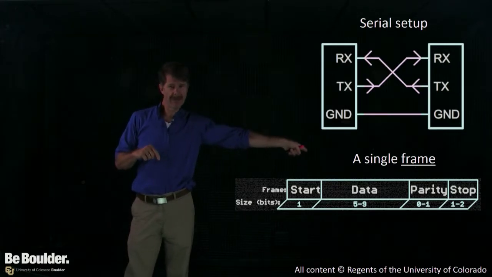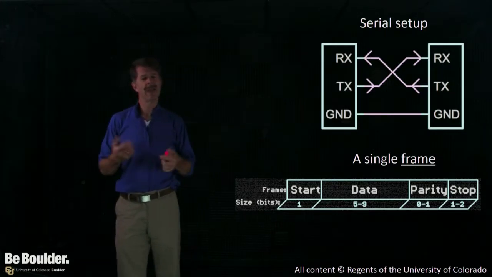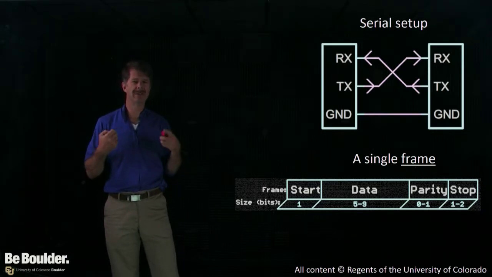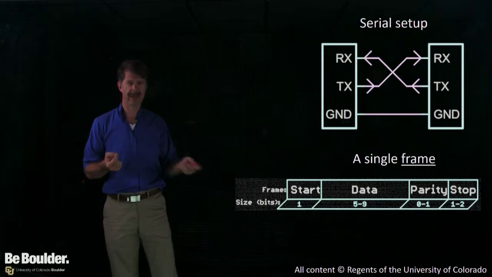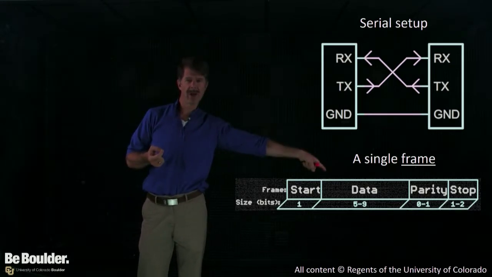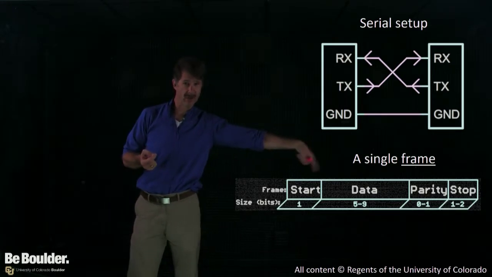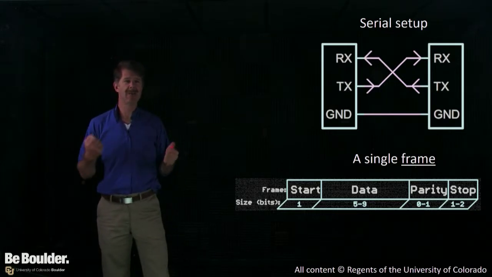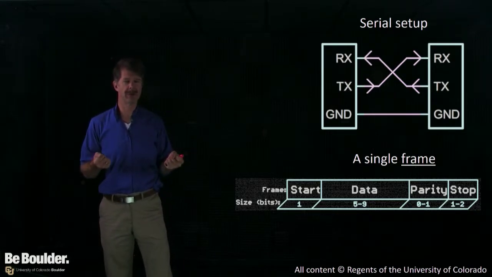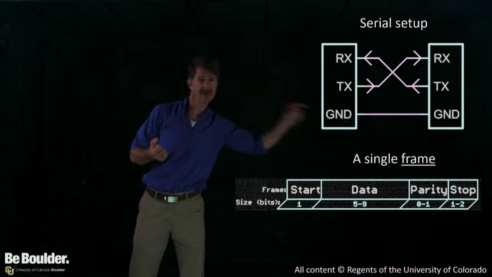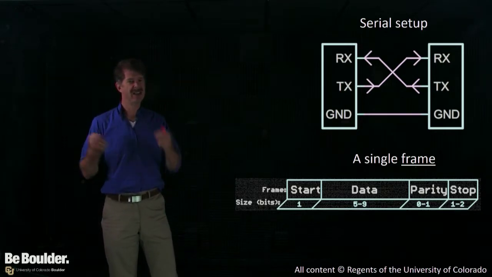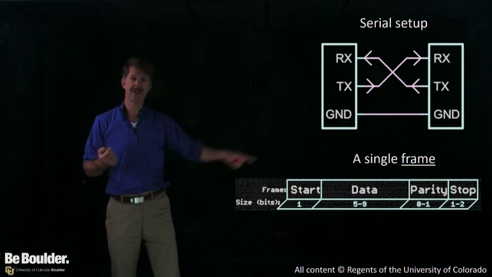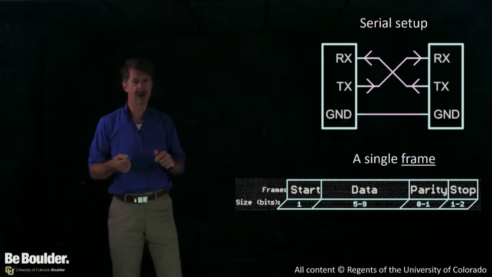And then often, here labeled as parity, there will be some form of error correction. The absolute simplest form of that is you count up all of the bits that are on, that are 1 in your data. And maybe there's an even number of those. And if so, you'd set the single parity bit to be high. And if there's an odd number of ones, you'd set the single parity bit to be low.